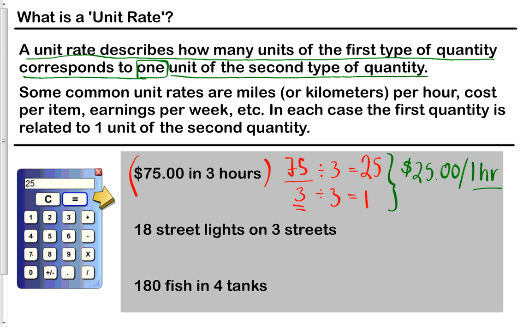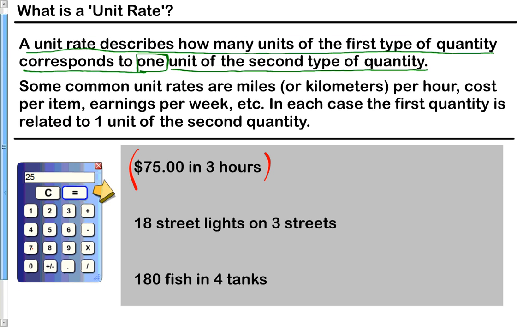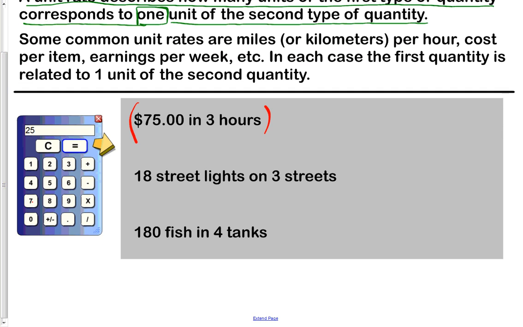If we were to do the exact same thing with the remaining 3 questions, identical math used to solve them, no difference whatsoever. 18 streetlights on 3 streets. We would take our rate, we'd flip it into a fraction model.